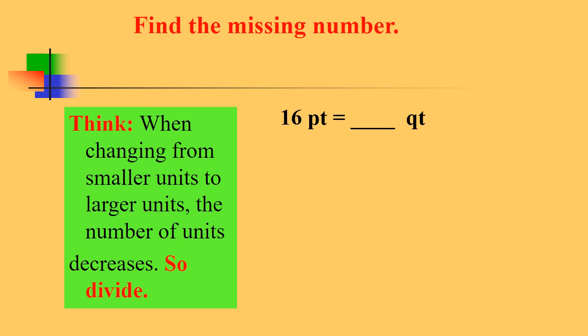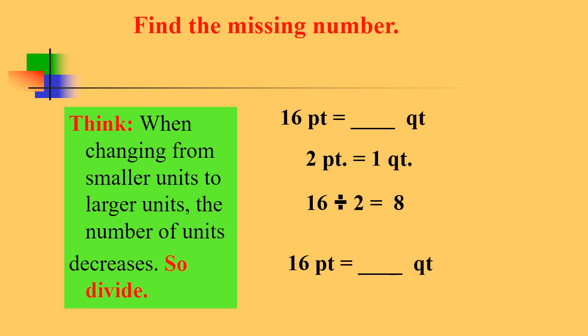So we're going from small to large, which means we have to divide. How many pints equal a quart? 2 pints. So we have 16 pints, and we divide by 2, which equals 8. So our answer is 8.